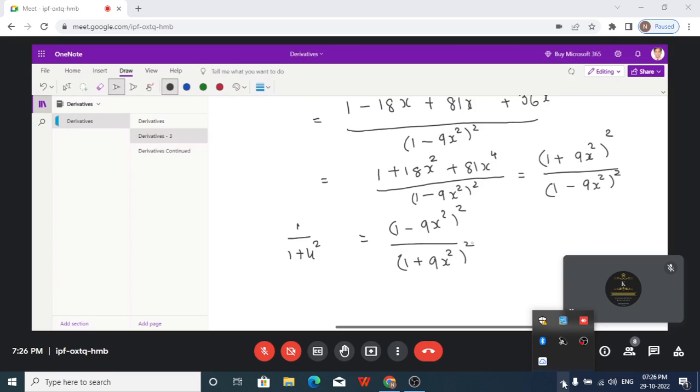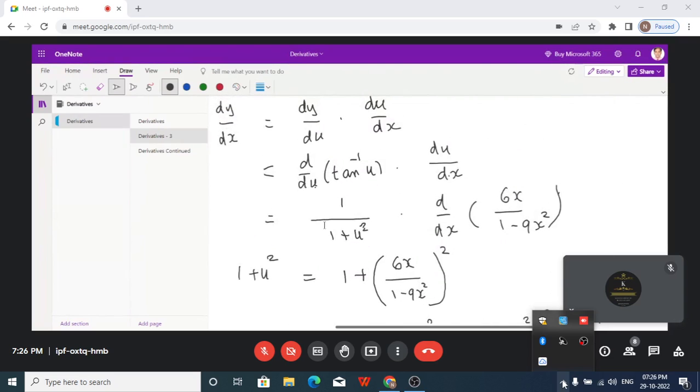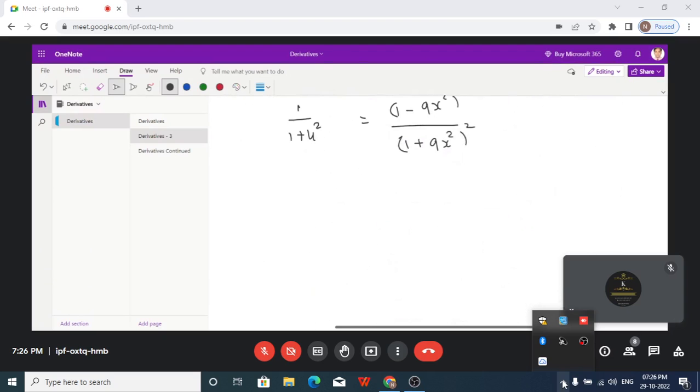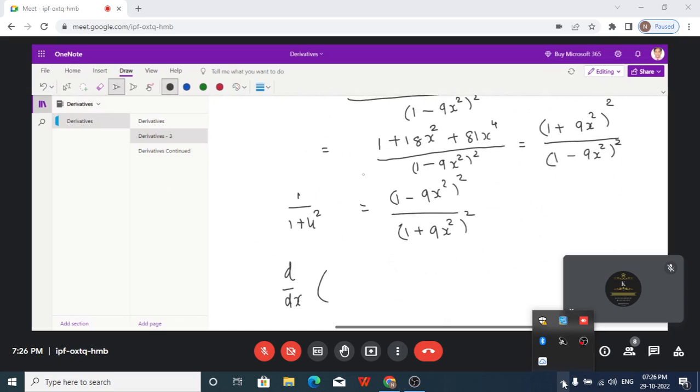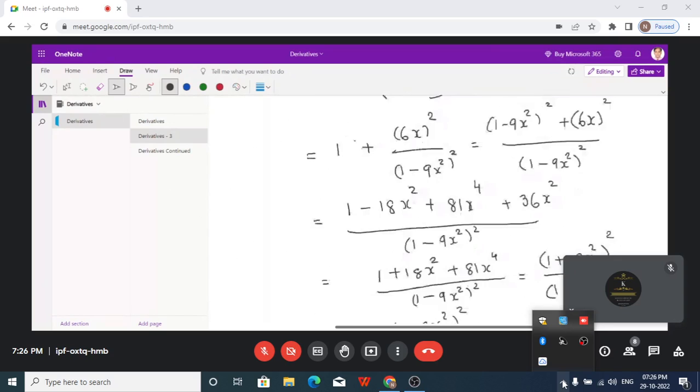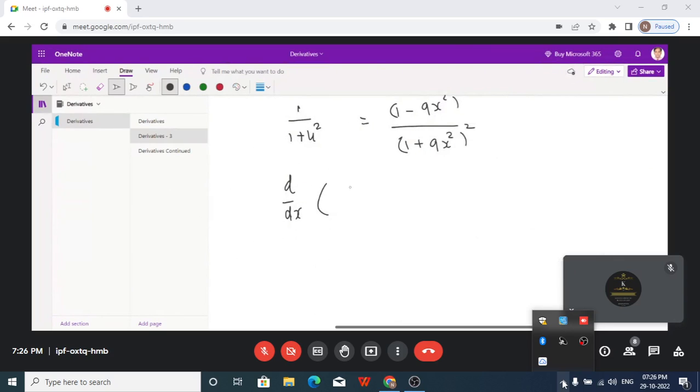So we have come up to this 1 by 1 plus u square. What remains is d by dx of 6x by 1 minus 9x square. Let's write that. 6x by 1 minus 9x square.